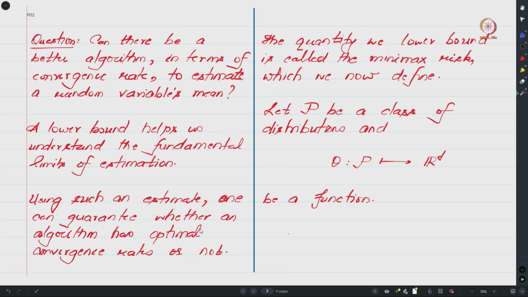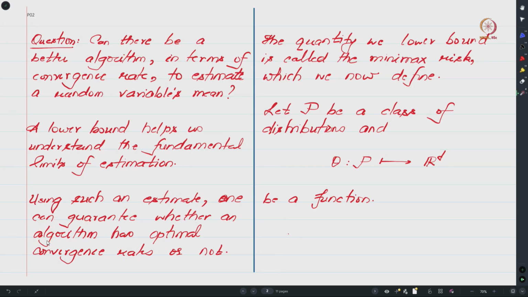And the quantity for which we shall obtain a lower bound today is what we will refer to as the minimax risk, and I am going to define that now, and I am also going to motivate how one comes up with this lower bound problem and how one can use that lower bound problem to say eventually whether a particular algorithm has the optimal convergence rate or not.